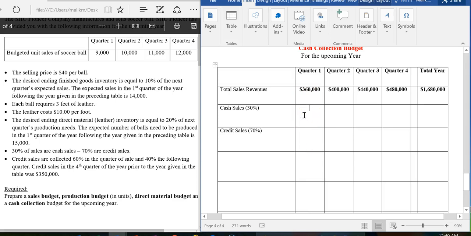And I found the cash sale for quarter one is 108,000. And now everything is in dollar value. And the rest of the 70% of quarter one sales revenue is their credit sales. And I found it's actually 252,000. And this is how you will split up the first quarter's cash and credit sales.